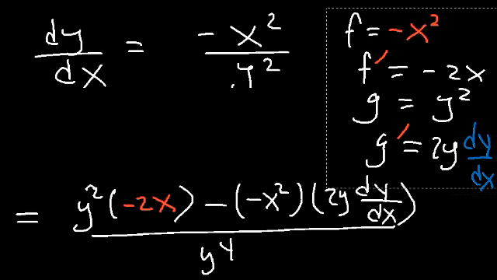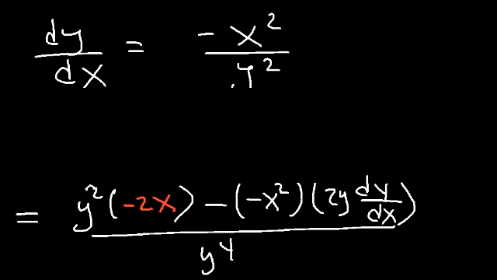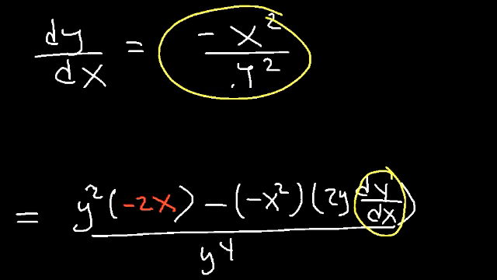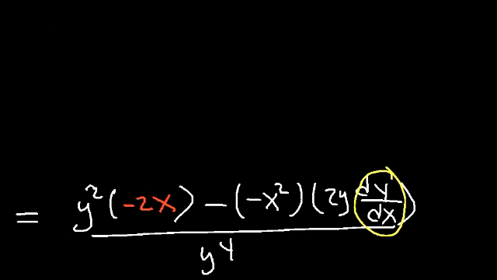But we don't want to leave the answer like this. Typically, you want to replace dy/dx, since we have it as part of the second derivative. And dy/dx is negative x squared divided by y squared. So what we now have is negative 2x y squared.